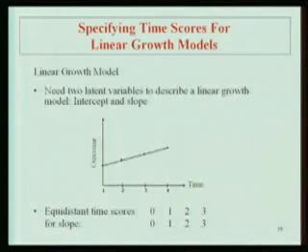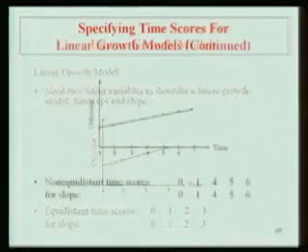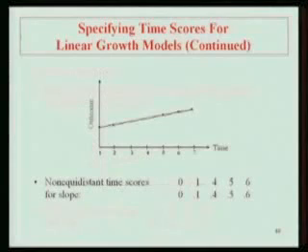Let me come over here now. So with the linear growth model, we need 2 latent variables to describe it, eta 0 and eta sub 1. That's the intercept and slope growth factors.